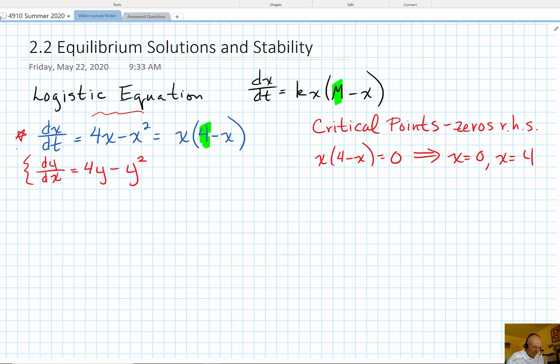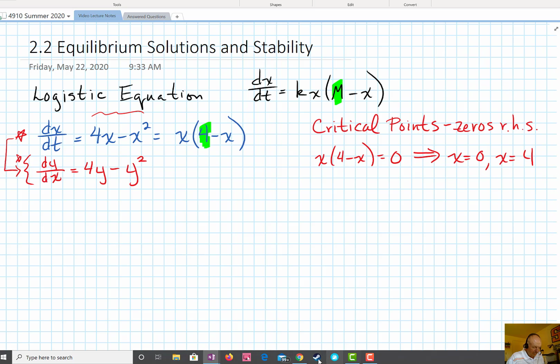So just make this little translation. Although for population equations, we usually let x represent the name of the population, which is a function of t, and that's why you see dx/dt. So make that little translation so that you can type this into anything that is graphing this for you. All right, so let's try that again.